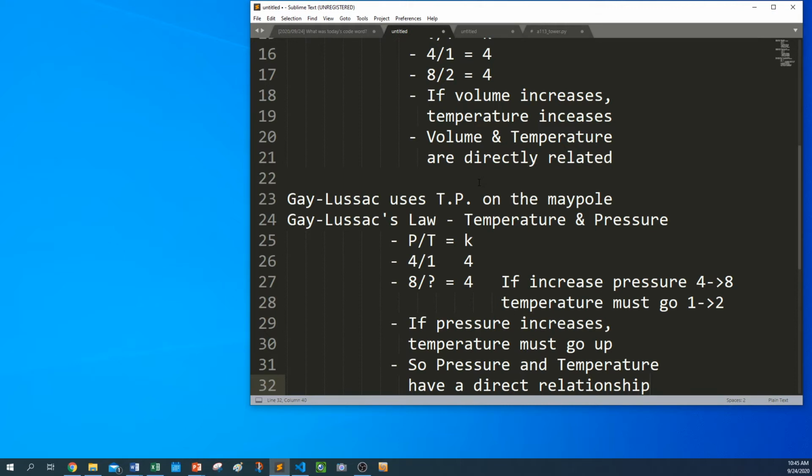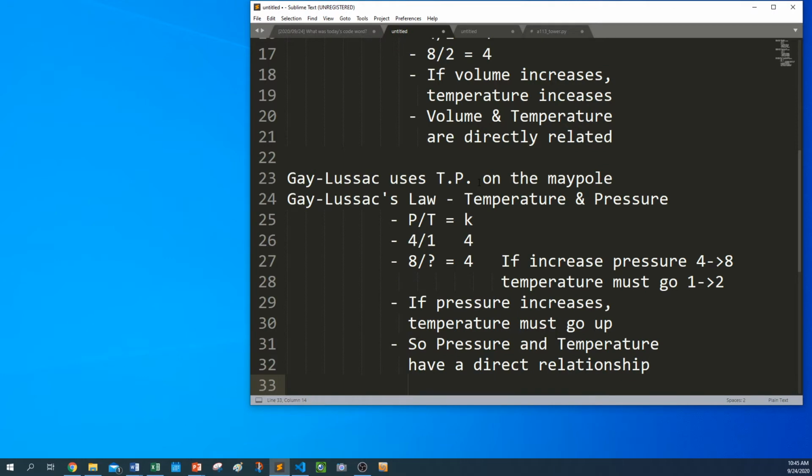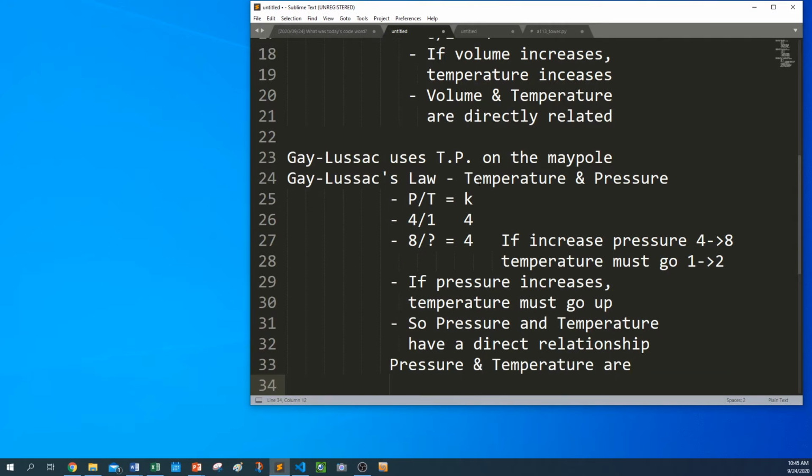Instead of saying direct, I could have worded this also as pressure and temperature are proportional to each other.